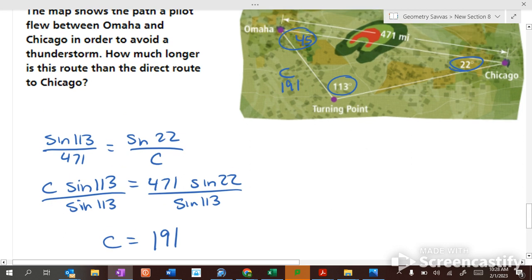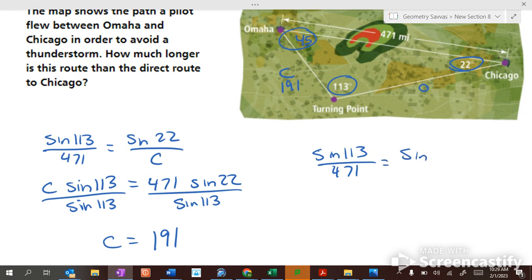Okay? And then we'll look at this side. We'll call this side O for opposite of Omaha. So the sine of 113 over 471, what we know at the start, equals the sine of 45 over O. So O sine of 113 equals 471 sine of 45.